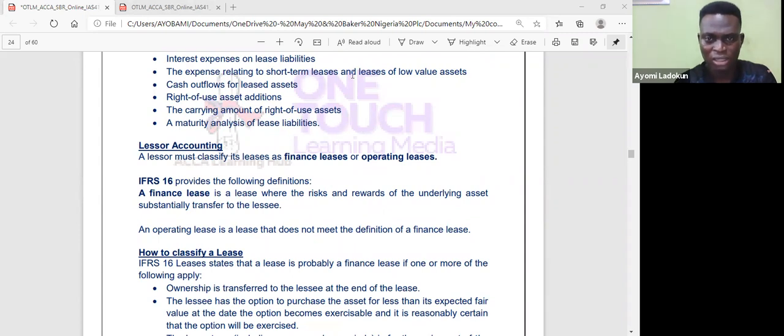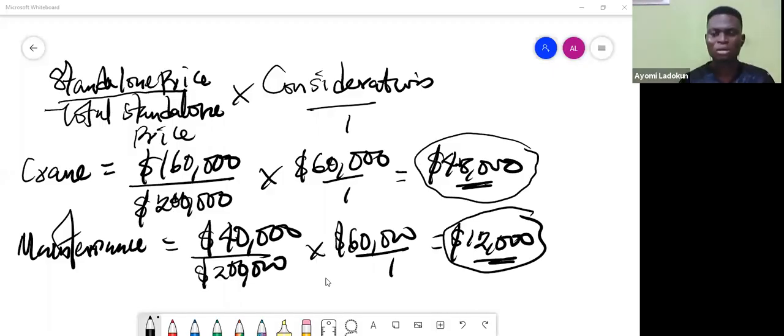Somebody is asking me to show the workings again. Okay, let me do that. I'm not sure I've cleaned it. So these are the workings, from the workbook.